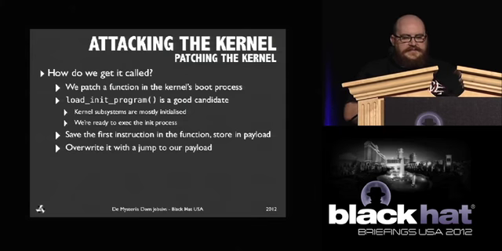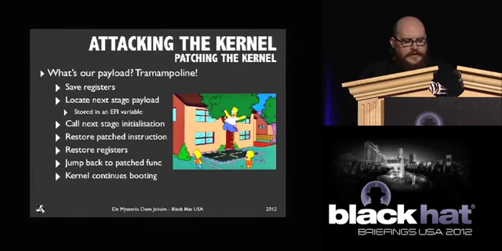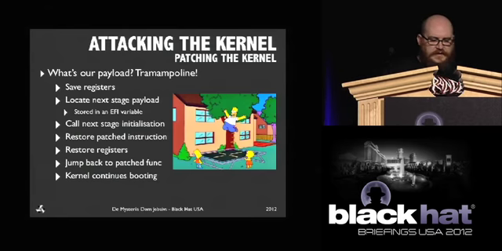We basically just patch a function with a typical inline hooking technique, and we overwrite the first 8 bytes or so of the function with a relative jump to our payload, which is stored in the padding. Then the trampoline payload: because we've inline hooked the function, it needs to save the CPU state and locate the next stage payload somehow, whether that's an EFI variable, as in this case, or whatever else.